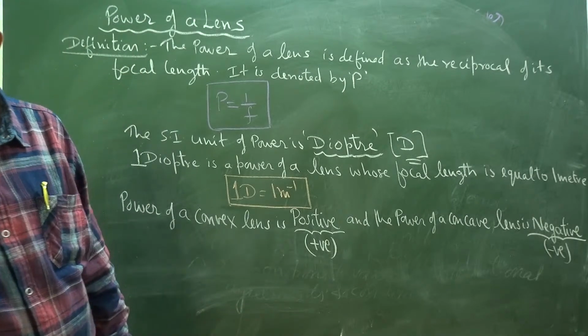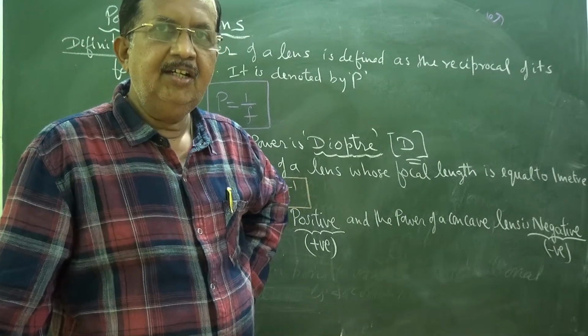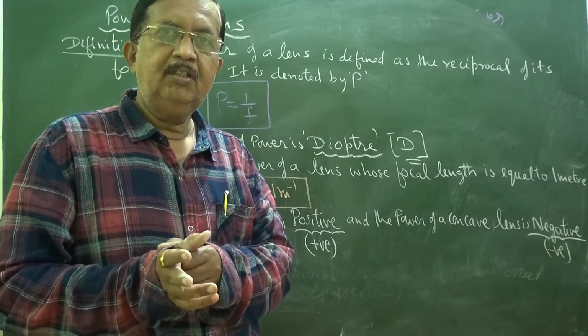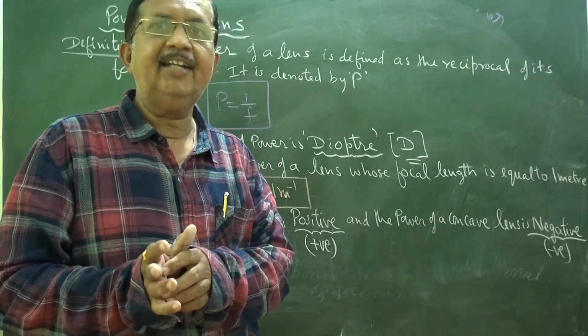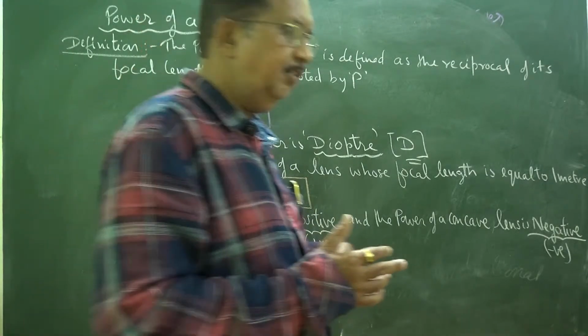We come across many optical instruments like the microscope, different types of lenses, and the telescope. They are all designed by a combination of lenses.